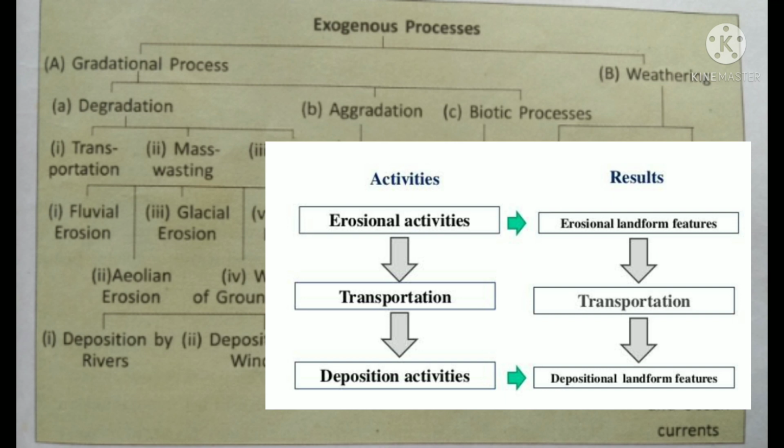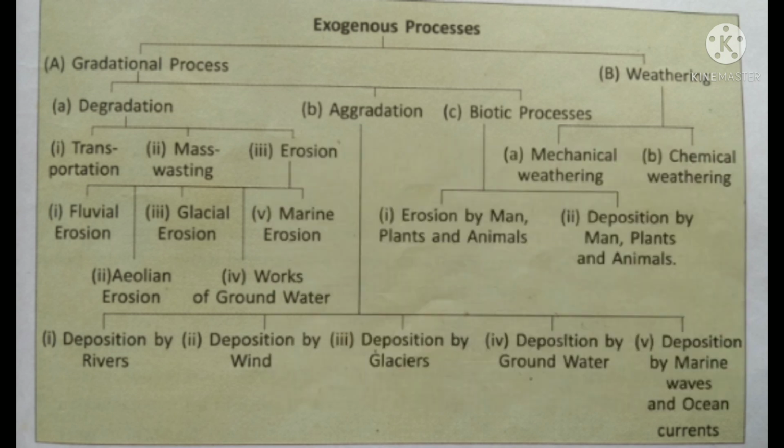The second important term you should remember is mass wasting. Mass wasting means materials or load falling down through the action of gravitational force, as well as the work of water, particularly in the hill region.